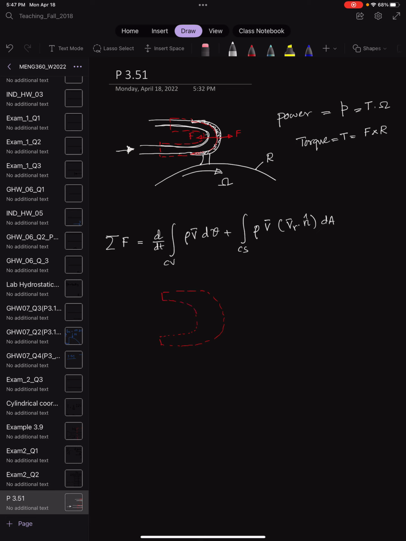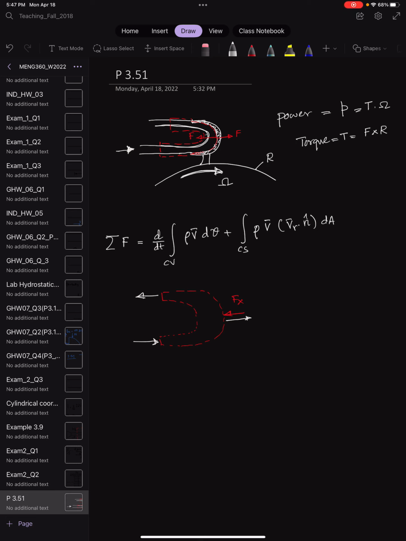Fluid comes from this side, enters here and leaves here, and there is an Fx force applied on it. But at this very moment, this control volume moves toward this side because the turbine spins.